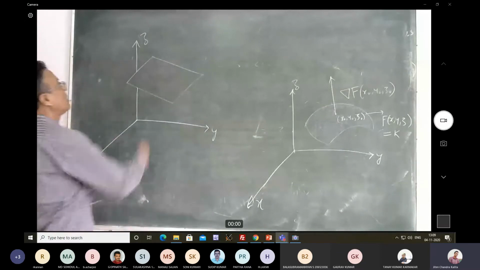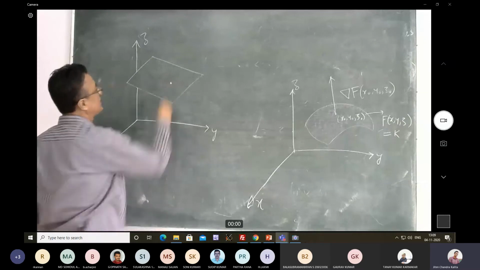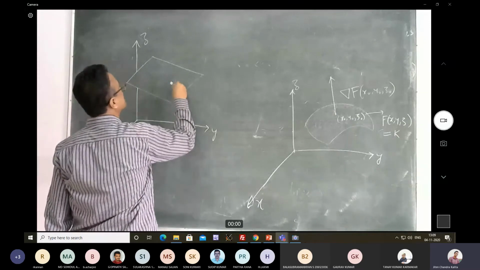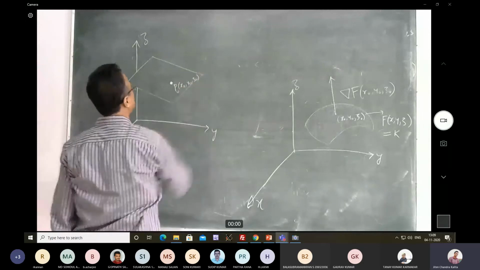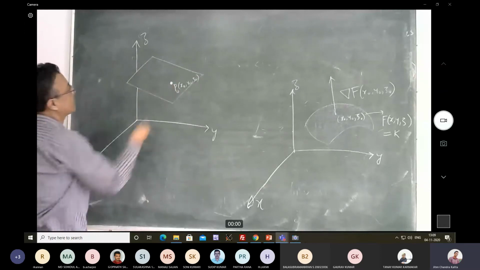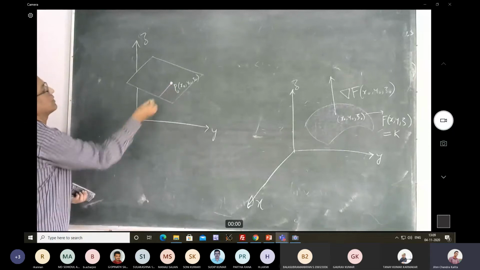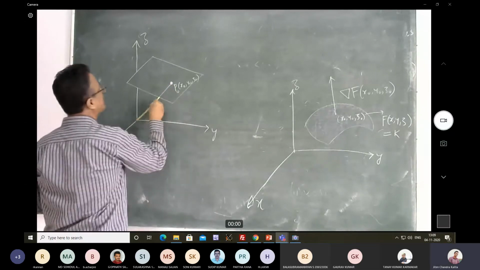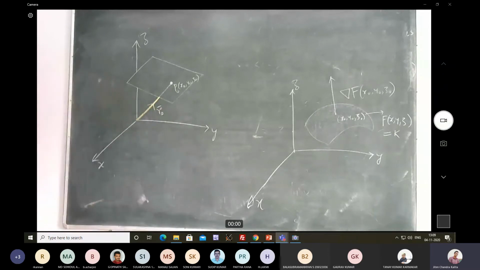Now let us consider a fixed point here, say P naught, on that particular plane, and the vector associated with that fixed point, so this is a constant vector, R0.